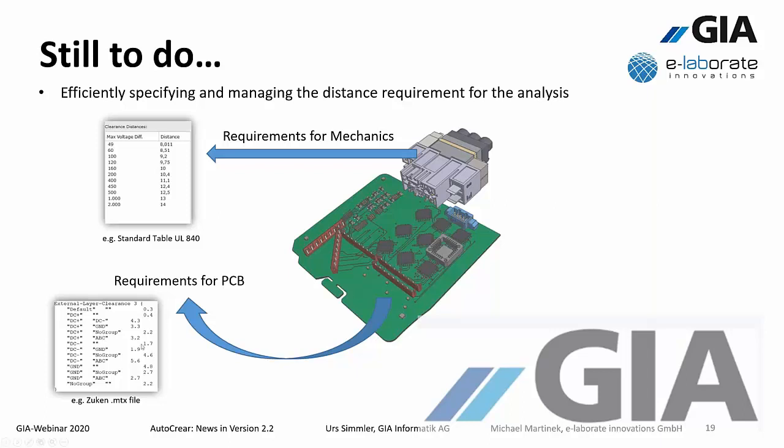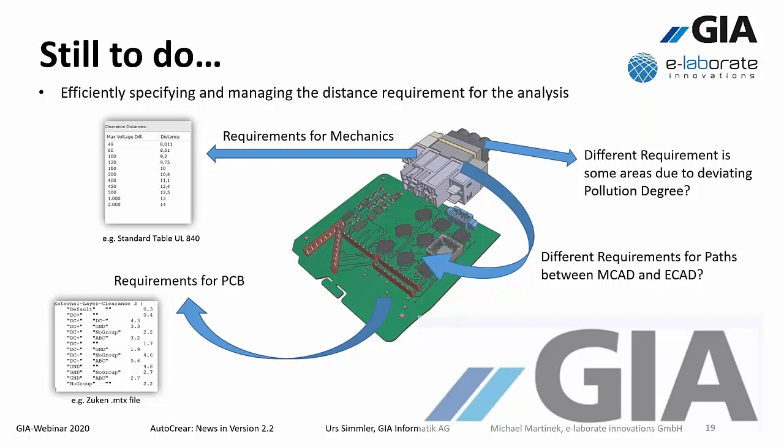They can come from certain exchange files. In Sucon, it's, for example, the MTX file. You might have different requirements for certain areas in your assembly, for example, if they have a different pollution degree. You might have different requirements for the path between the mechanical and the ECAD components.